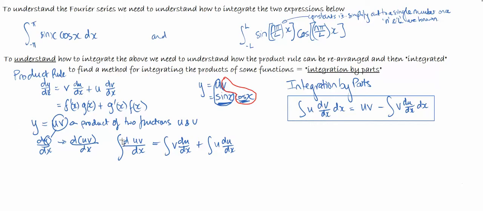So we know the whole point of the integral is that it is the inverse function. It undoes a derivative. So I'm left with uv on this side, and on the other side, I've still got v du by dx, and u dv, not du, apologies for that, dv by dx.